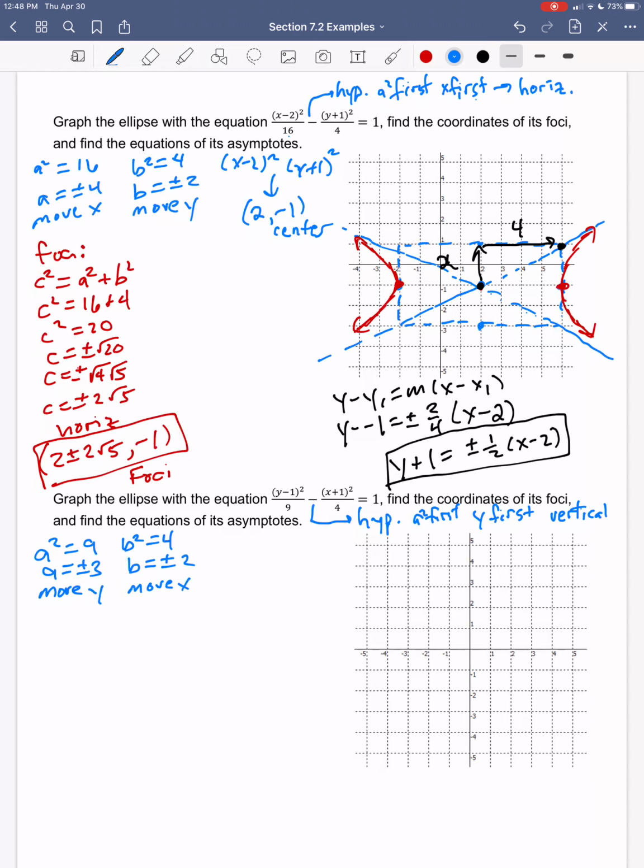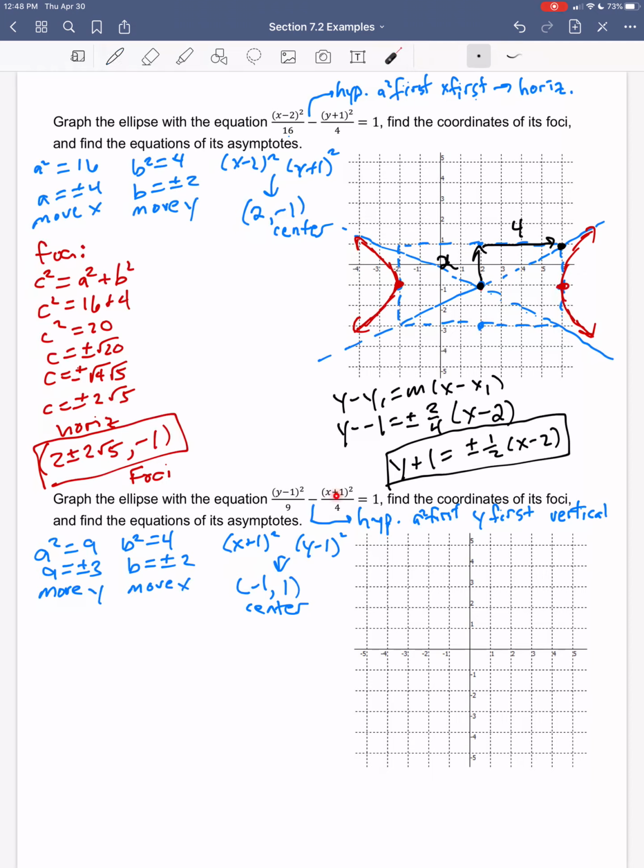I'm starting with x plus 1 squared and y minus 1 squared. So that means my center is going to be negative 1 comma 1. Be sure you use the x coordinate for x, right?